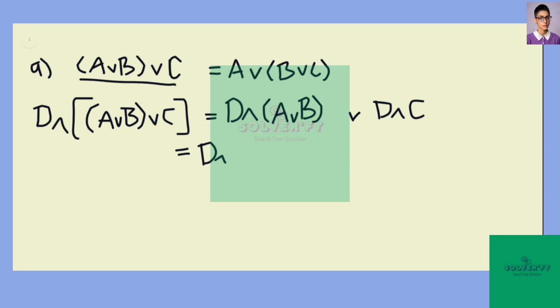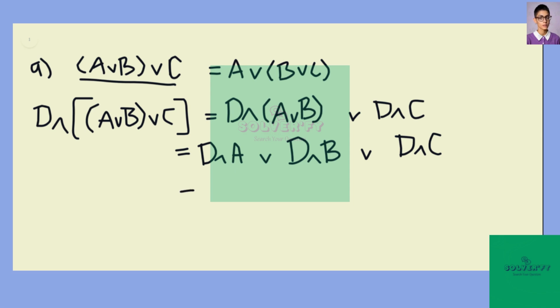Okay, well, we can use that same property, that distribution of and over or again, to further break this down into D and A, or D and B, or D and C. Okay. Well, so now we can just recombine them, right, in our preferred order.